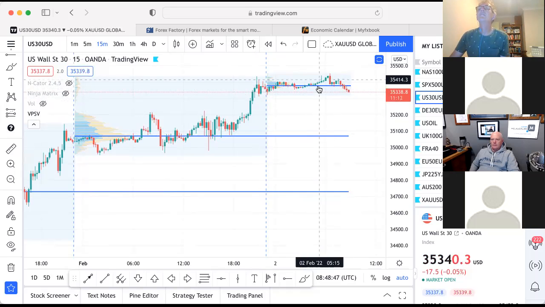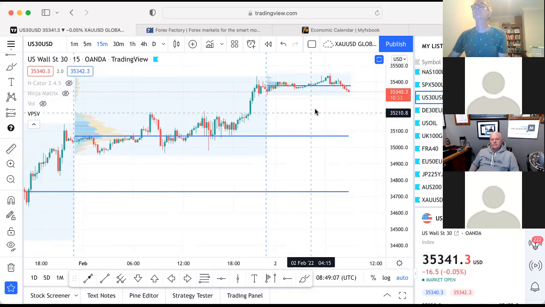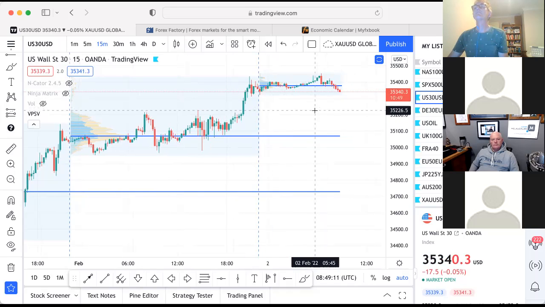At the minute, price is rotating around that point of control, but as price comes down here, this point of control will come down as well. So that's why we don't use today's point of control, because that's still a movable feast, if you like.